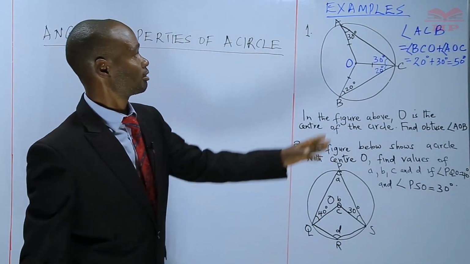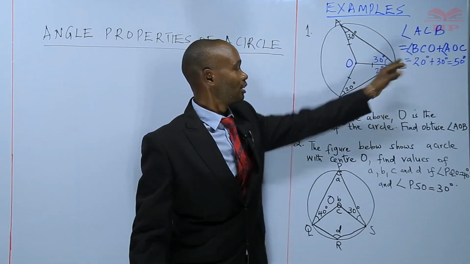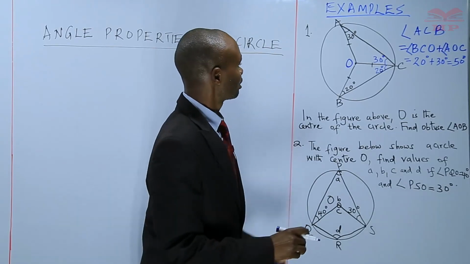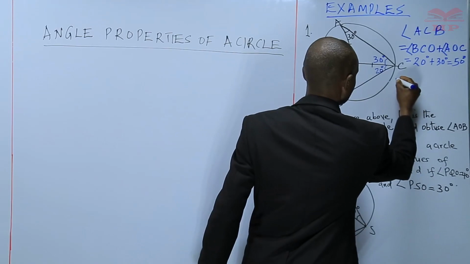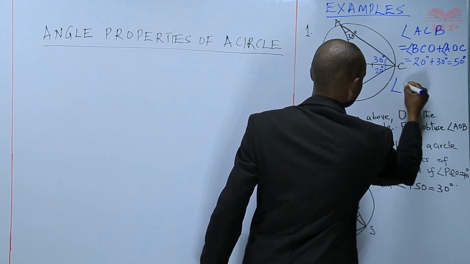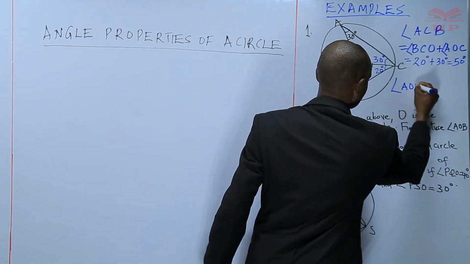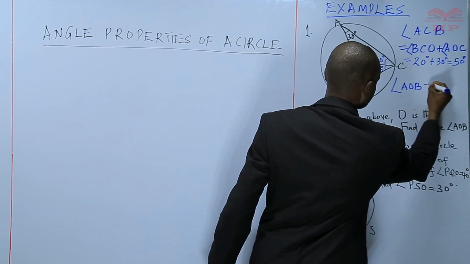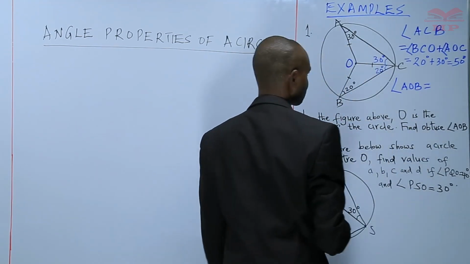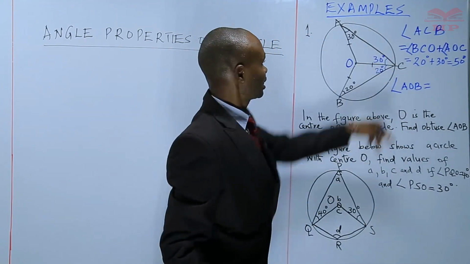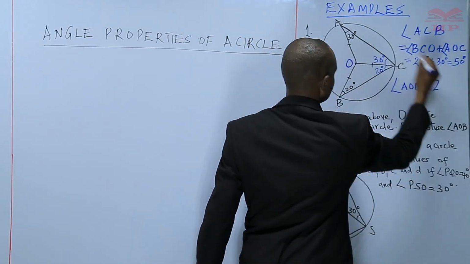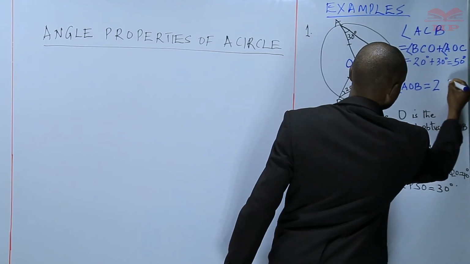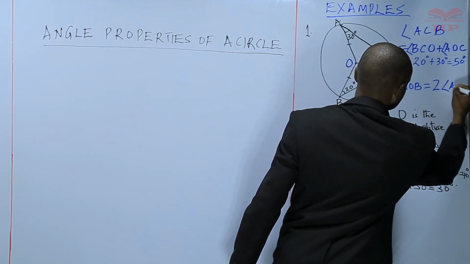Now, after getting the value of the angle at the circumference, the angle we are asked for, AOB, is equal to twice what? The angle at the circumference, twice angle ACB.